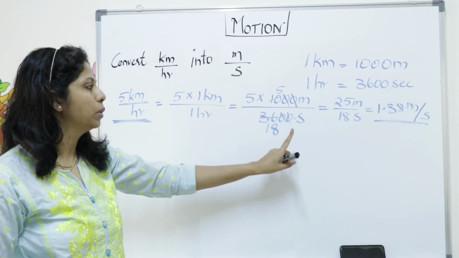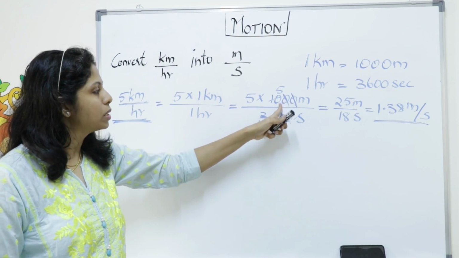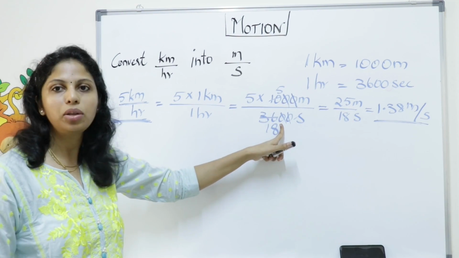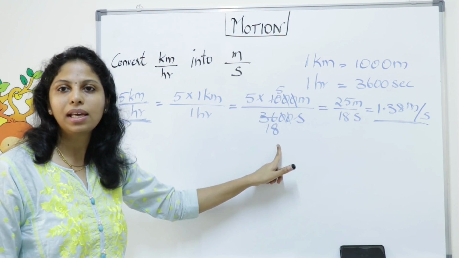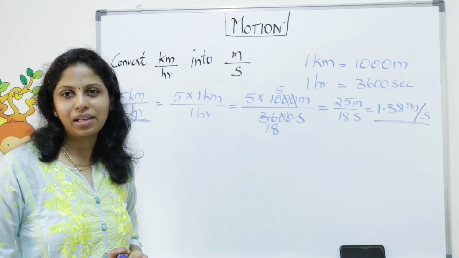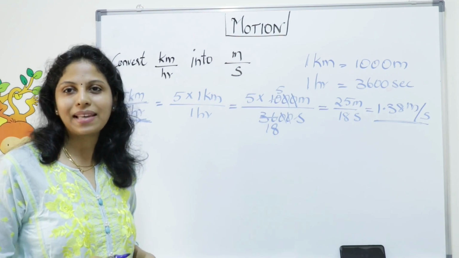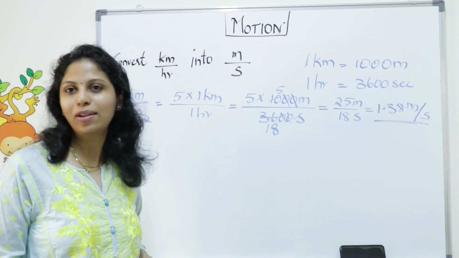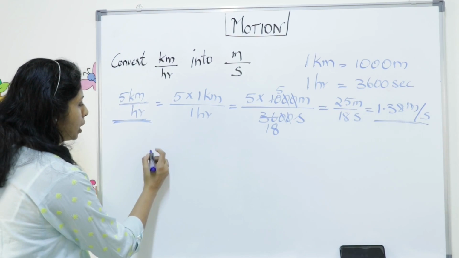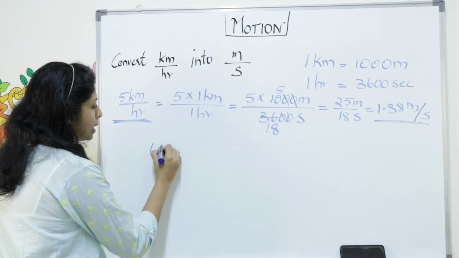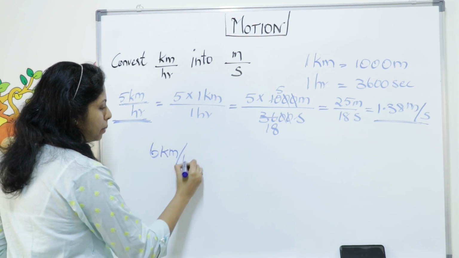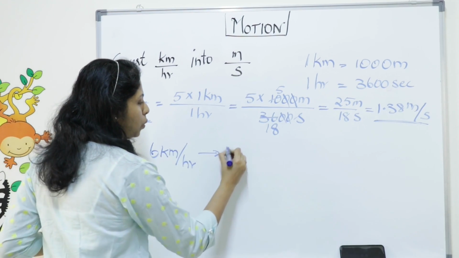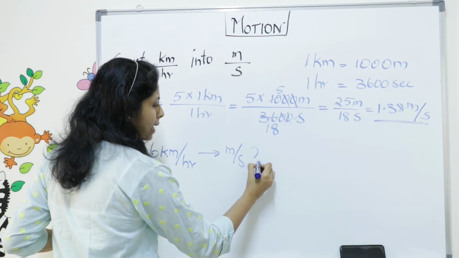So this is how the conversion is. So instead of writing 1000 by 3600, you can also directly write 5 by 18 while doing the calculations. For example, let us take 6 kilometers per hour. Let's see how to convert 6 kilometers per hour into meters per second.